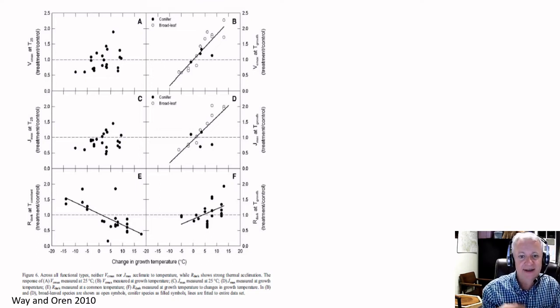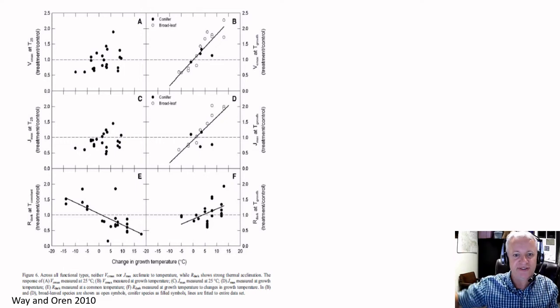So I think right now the jury is out. There don't appear to be unifying patterns in terms of whether there's strong acclimation of photosynthesis to temperature universally across trees or across plants. You can go out there and find literature in support of and not in support of universal acclimation to temperature. So the jury's out.